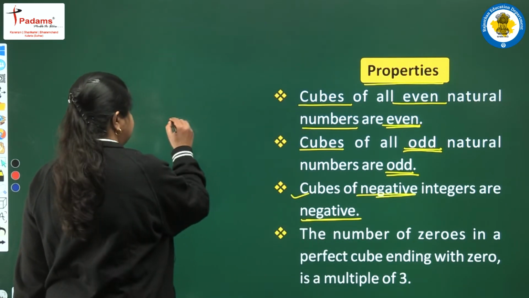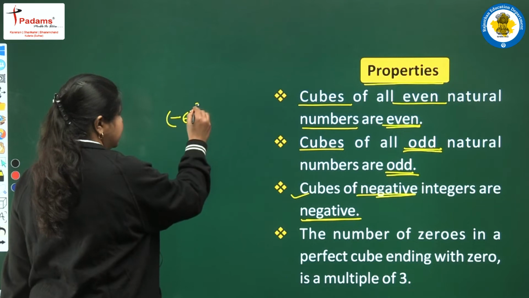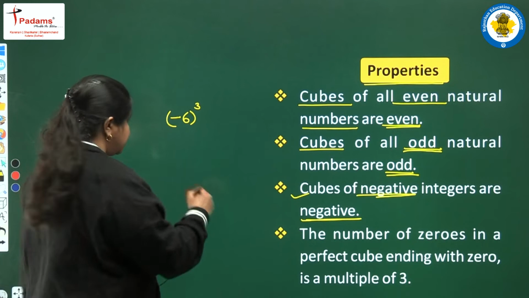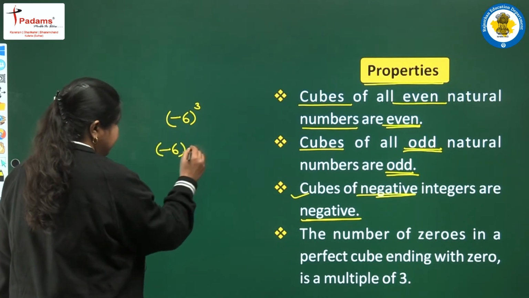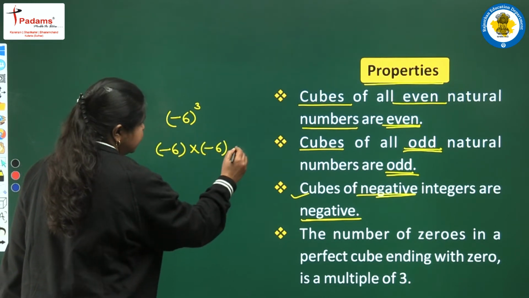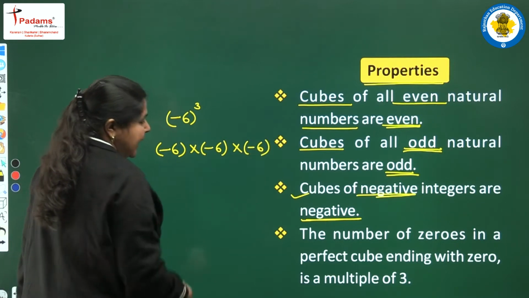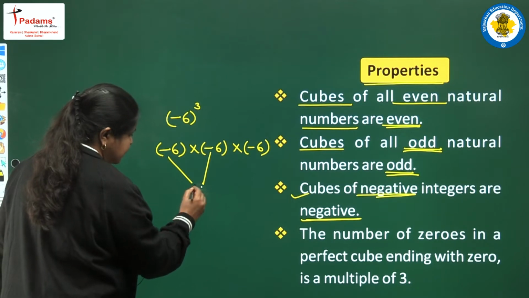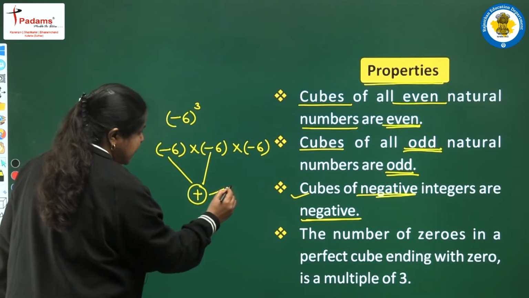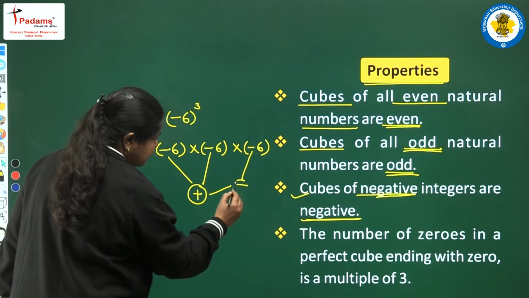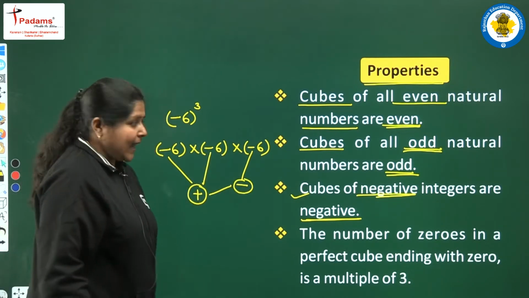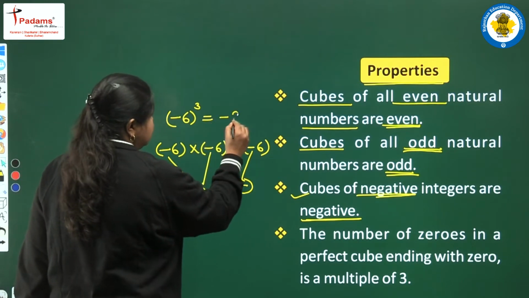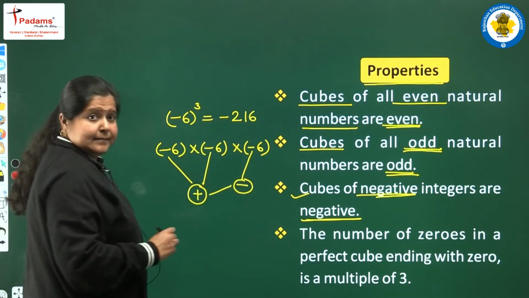Just have a look. If we find -6 cube, this is a negative integer, और अगर हम इसका क्यूब निकालना चाहें तो कैसे मिलेगा? We will multiply -6 by itself 3 times, and you will see that this minus and this minus together become plus, and this plus and this minus will result in a minus, and so -6 cube will be equal to -216.